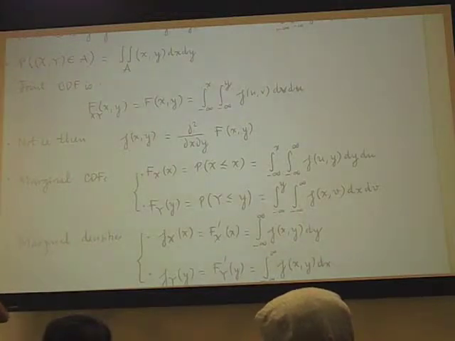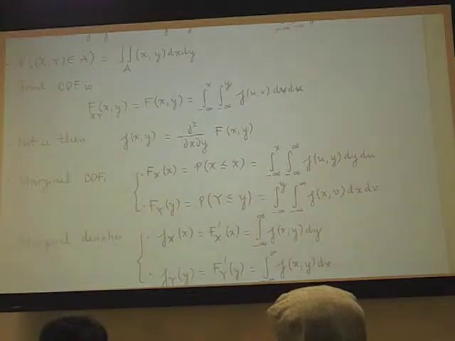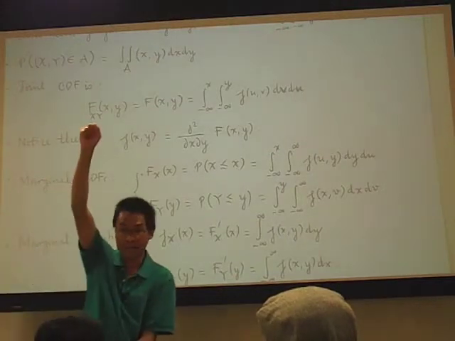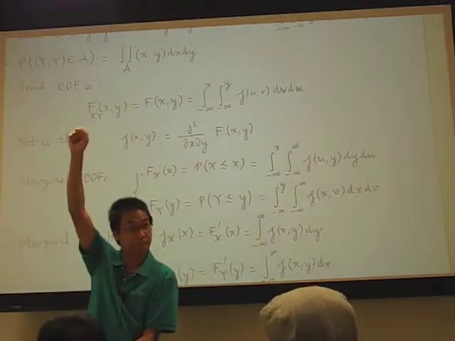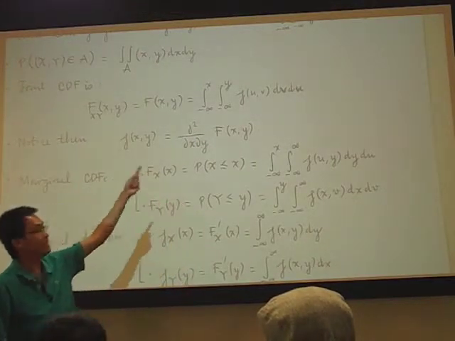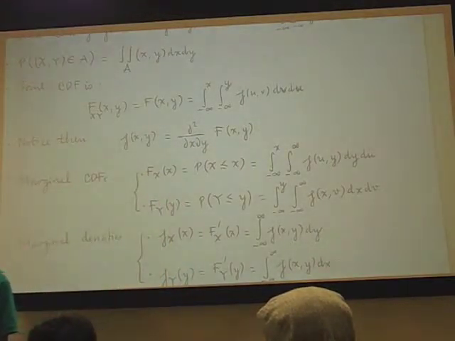So marginal CDF with respect to x means my y right there is being held constant, from negative infinity to infinity. Is that clear? And then for x, I just integrate from negative infinity up to x only. Does that make sense?